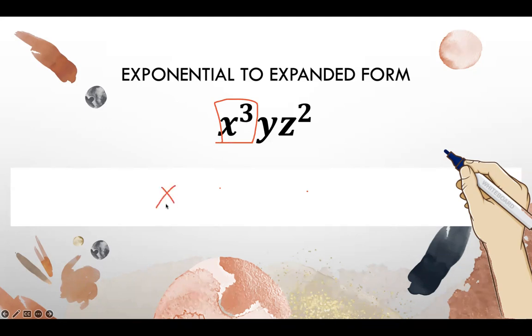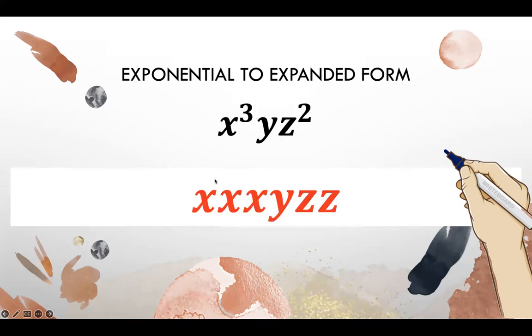So we can write it as x times x times x. Again, we have 3 x's here because of the exponent 3. So we only have y here without an exponent, so simply copy y. And we have the base z with an exponent of 2, meaning z is being repeated twice. So x cubed y z squared is x times x times x times y times z times z in its expanded form.